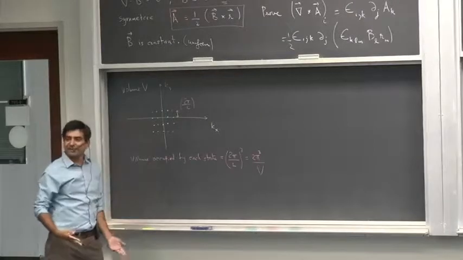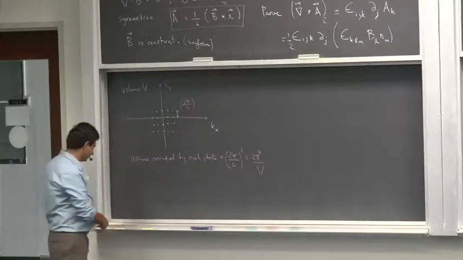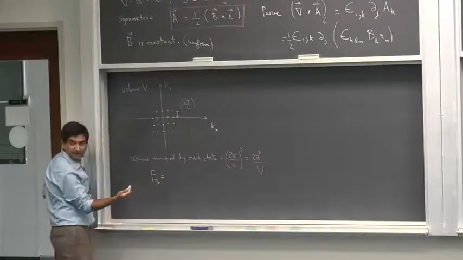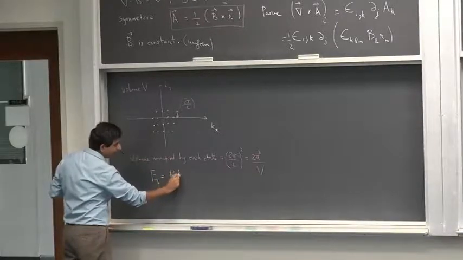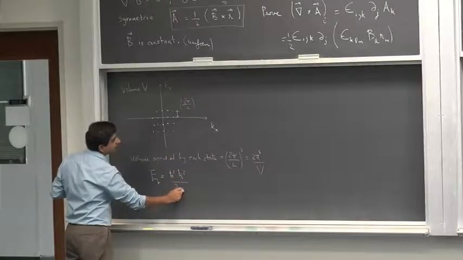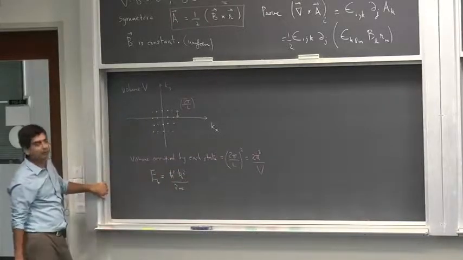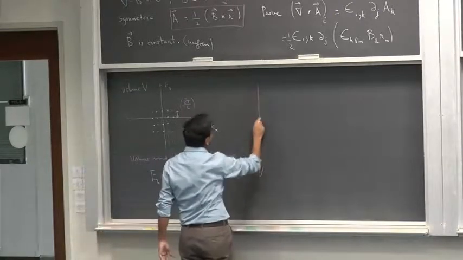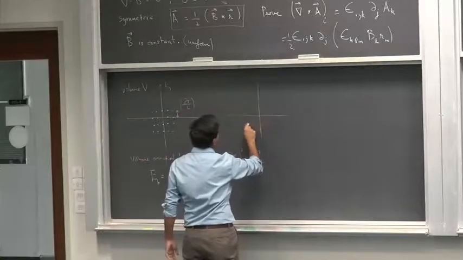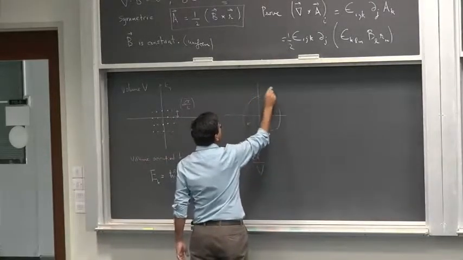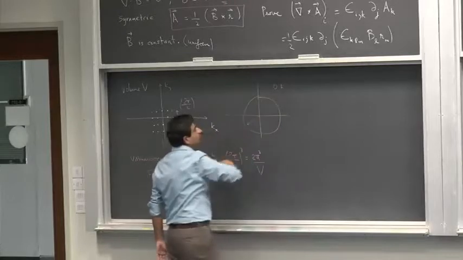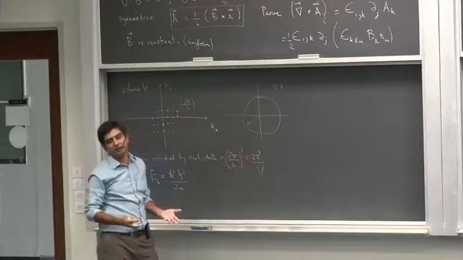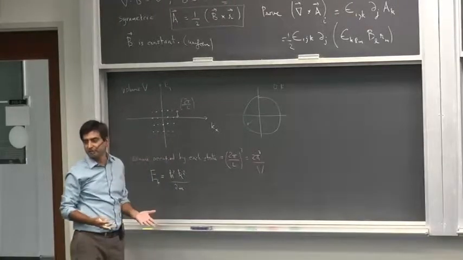So these k values tell us the energy of the electrons. Remember that. So the energy of a free electron is characterized by the k value. That's equal to h bar squared k square over 2m. Okay, this is something we already know. And we also know that inside a metal, at 0 Kelvin, there is a Fermi sphere, and all states within the Fermi sphere are occupied.